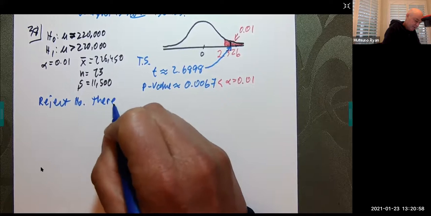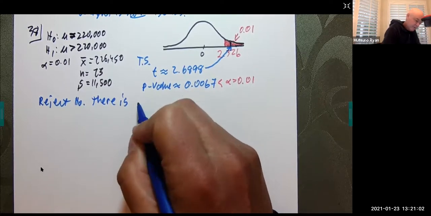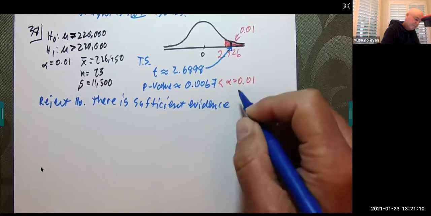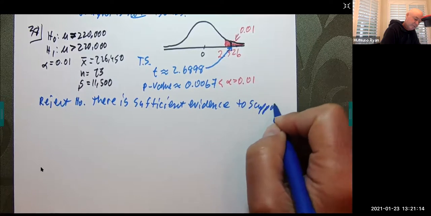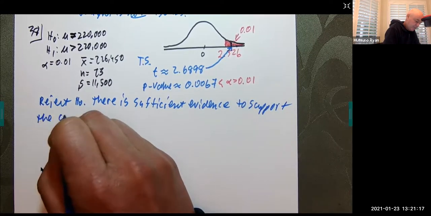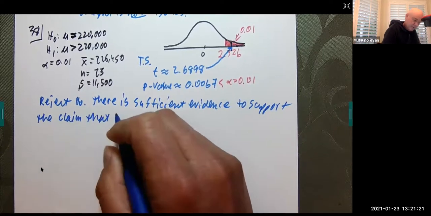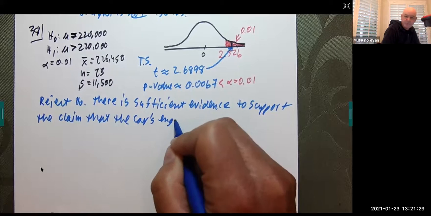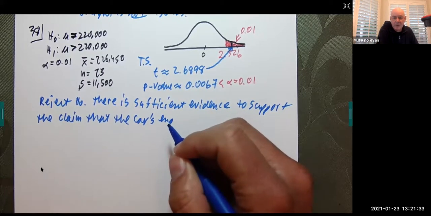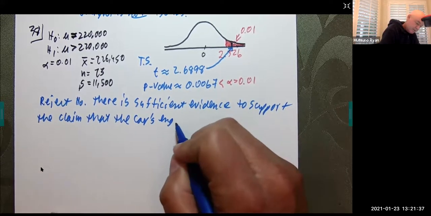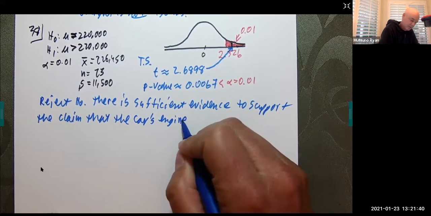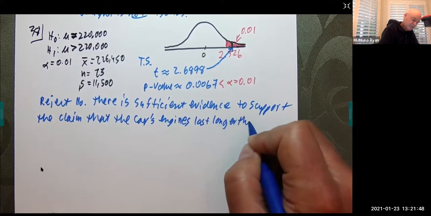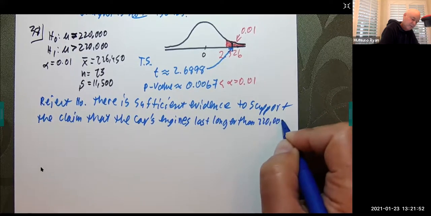Meaning there is sufficient evidence to support the claim that the car engines, make sure I'm wording this right, car engines, yes, last longer than 220,000 miles.